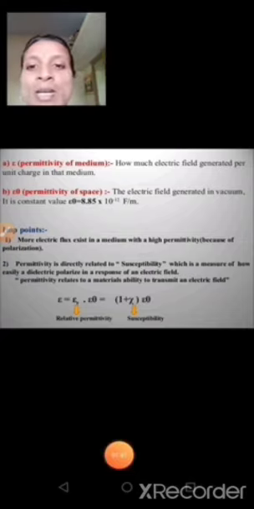Next, electric flux. Electric flux means electric force lines which transmit from positive charge to negative charge in a medium. If more flux is there, then automatically the medium has higher permittivity because of the polarization. Permittivity is directly related to the susceptibility.